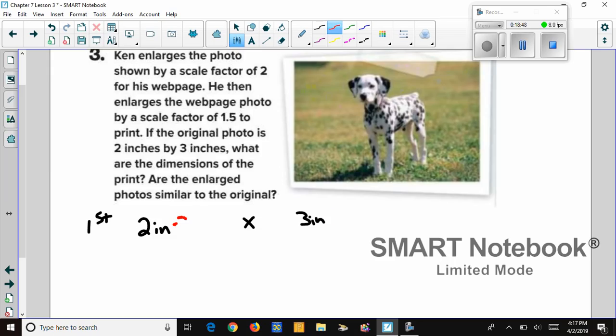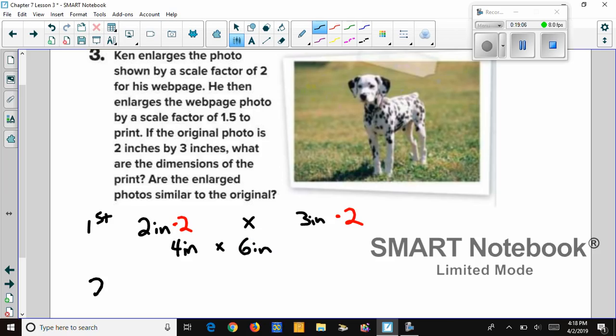So we're going to do that. We're going to multiply the dimensions by 2. And I have that when he did that, he now had an image that was 4 by 6 inches.